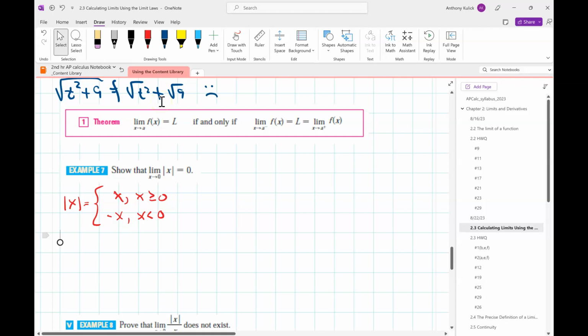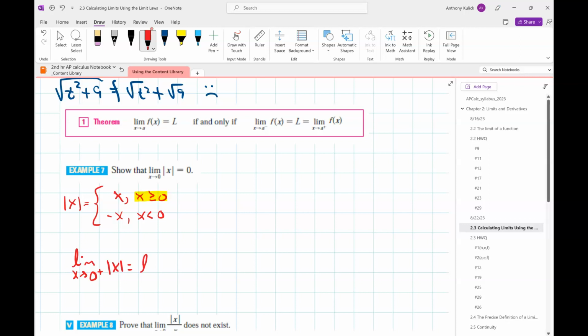So if I look here, I can use that to replace the absolute value of x with just x. And now that it's polynomial, I can do a direct substitution.